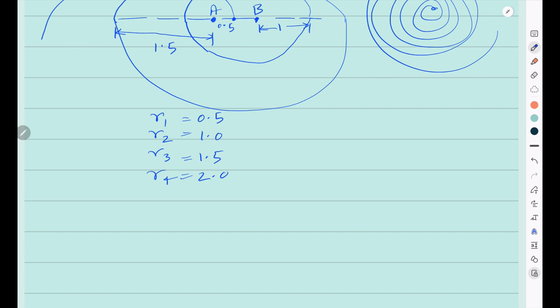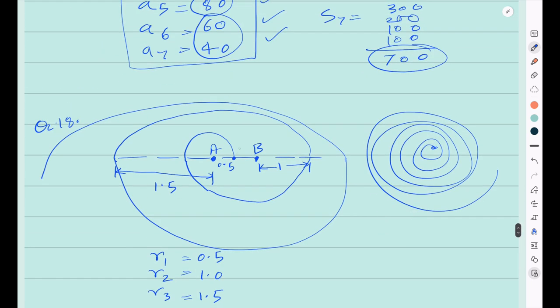As shown here, what is the total length of such a spiral made up of 13 consecutive semicircles? Okay, so there are 13 semicircles, so 13 radii. Now we need to sum up the whole length of the spiral.